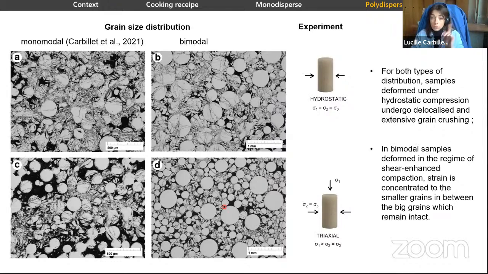However, under triaxial conditions, while we were observing compaction bands in the monomodal samples, in the bimodal samples we don't see compaction bands or localized deformation features, but we see that the strain is concentrated in the smaller grains in between the big grains that remain intact.